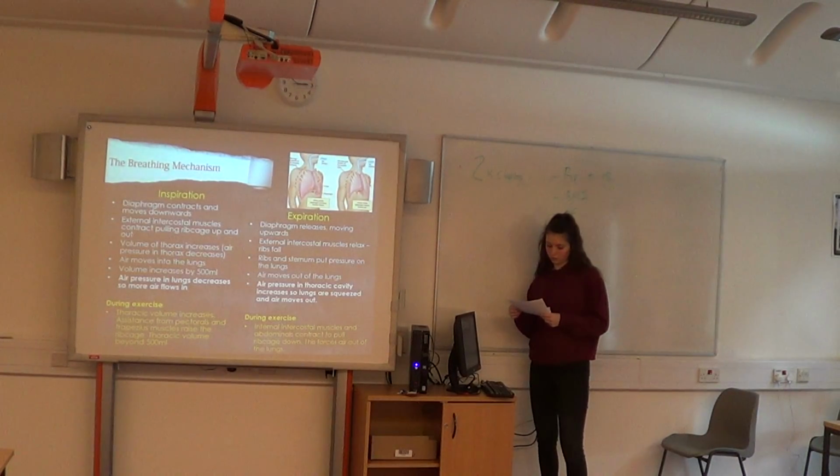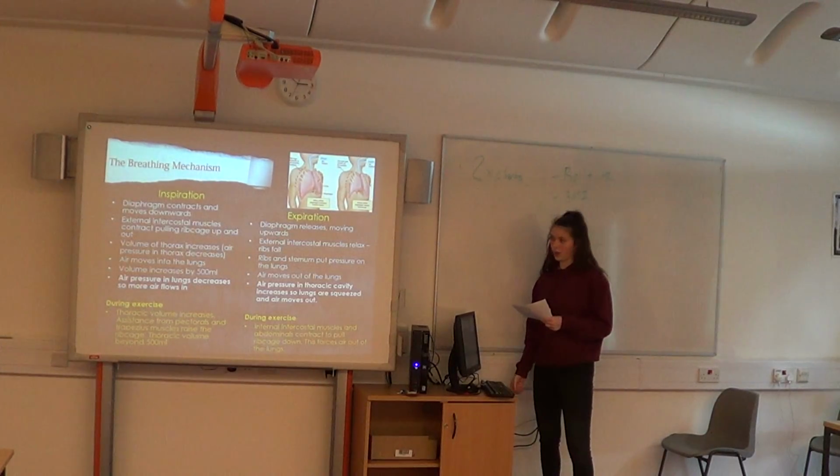Overall, the volume increases by 500 mils. Air pressure in the lungs decreases, so more air flows in, and since the diaphragm has moved down, the pressure in the abdominal cavity is increased. Pleural cavity pressure then becomes lower. So as air moves in, it means that the lungs have a higher pressure than the outside, so they expand and that will draw air in.